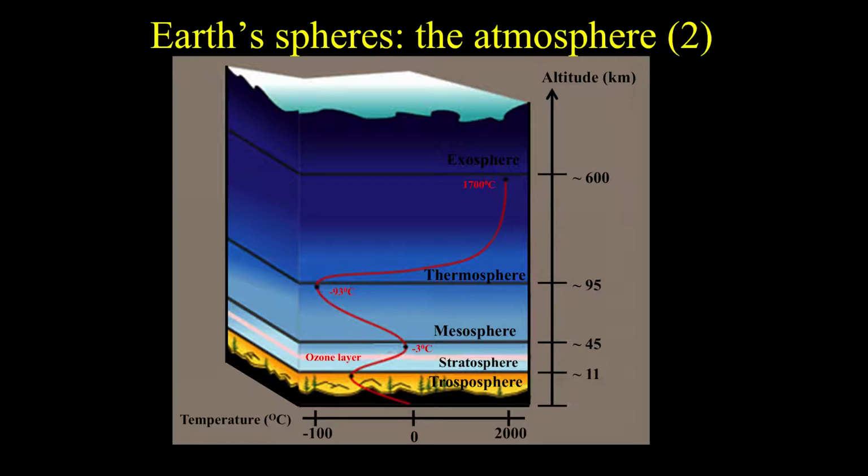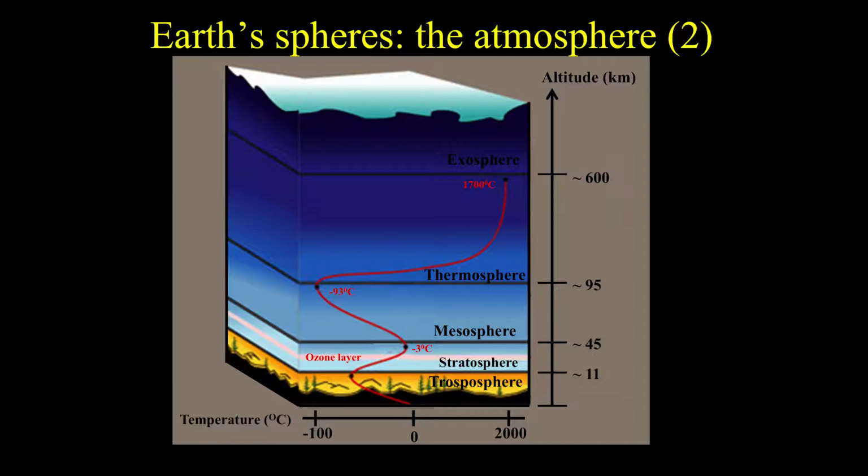We cannot expect these boundaries to have the same altitudes above the peak of the Himalayas and above the sea level. The peak of the Himalayas is about 8 kilometers above the sea level. The temperature is shown in the horizontal axis.